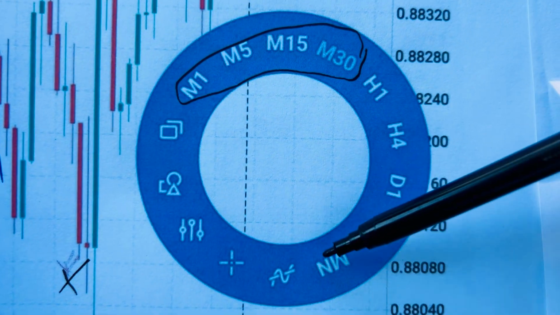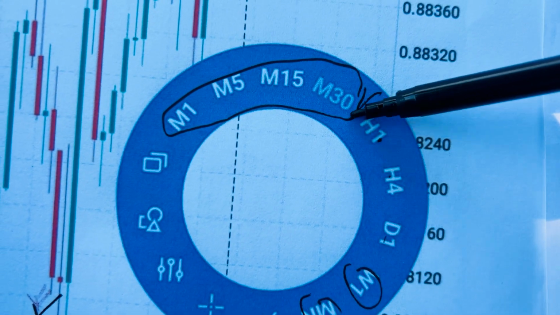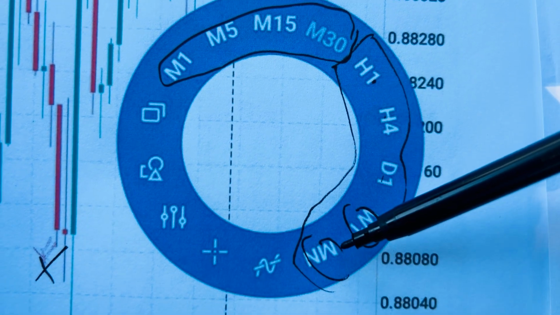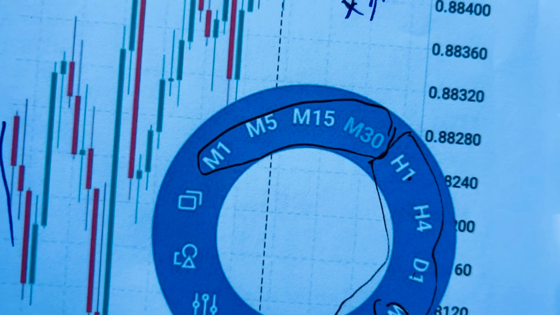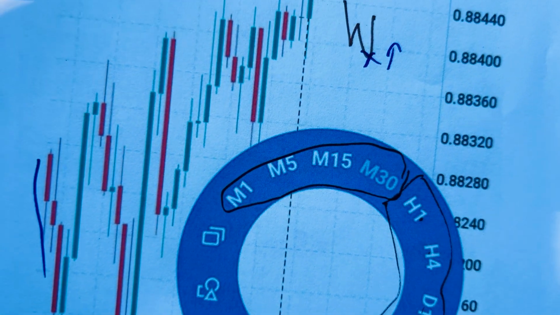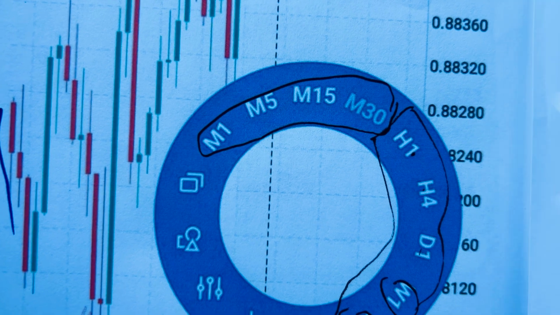Using a higher time frame. In this case, you can use a monthly time frame, weekly, daily, 4 hours, 1 hour. Let's say from 1 hour up until a monthly time frame, you can mark your structure, which is quite simple and easy to understand. Do you understand? If you have any difficulties, let me know in the comment section below.